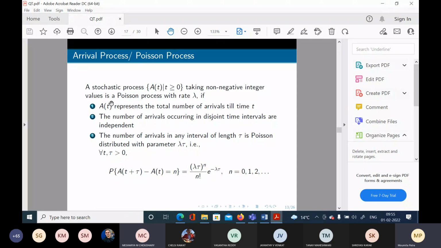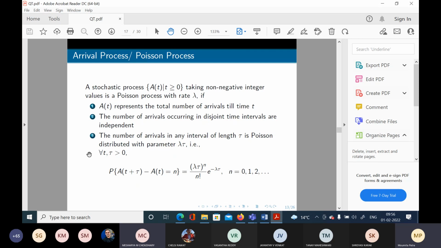We call it a Poisson process with rate lambda if it follows these three conditions. A(t) represents the total number of arrivals till time t. The numbers of arrivals occurring in disjoint time intervals are independent, and the number of arrivals in any interval of length tau is Poisson distributed with parameter lambda tau.